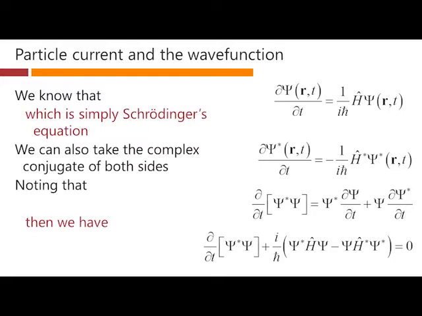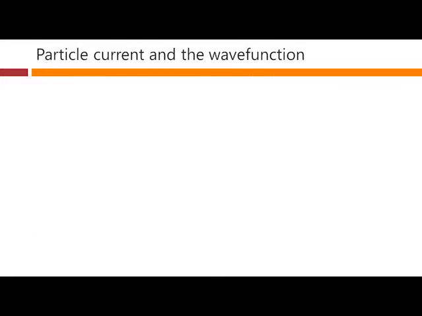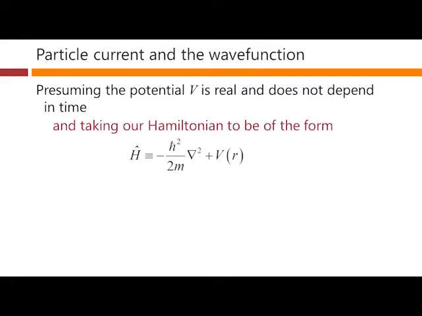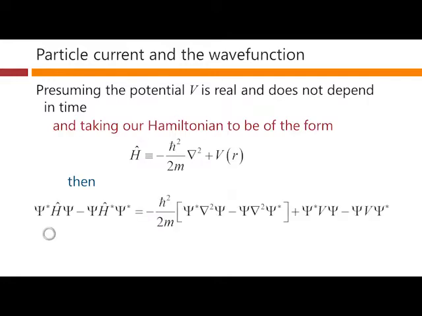So far, just a little piece of algebra here. Presuming that the potential V is real and does not depend on time, and taking our Hamiltonian to be in the usual form we've been thinking of for a Schrödinger-like Hamiltonian, then this expression here we can rewrite. So H operating on psi is minus h bar squared over 2m times del squared psi plus V times psi.